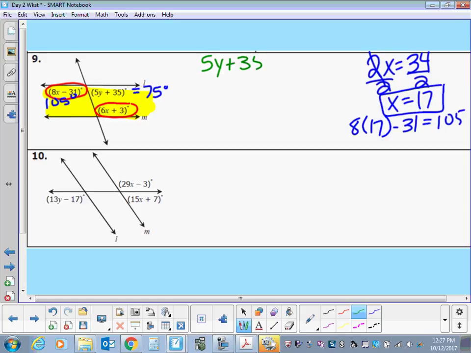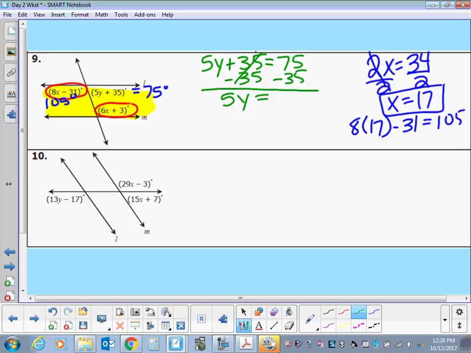All right, 5y plus 35 equals 75. How do I solve for y? Minus 35. So 5y, guys, please stop talking. It is so annoying at this point.